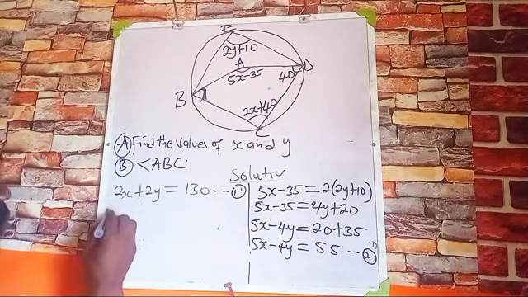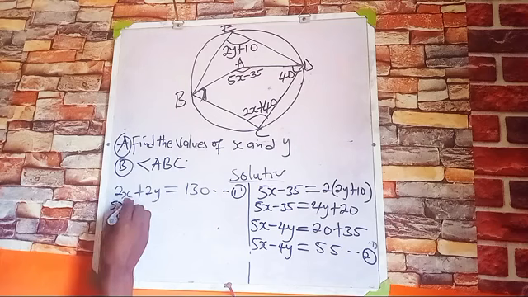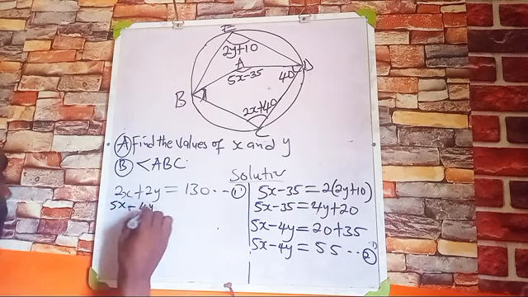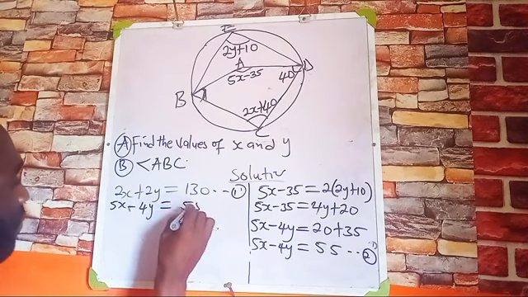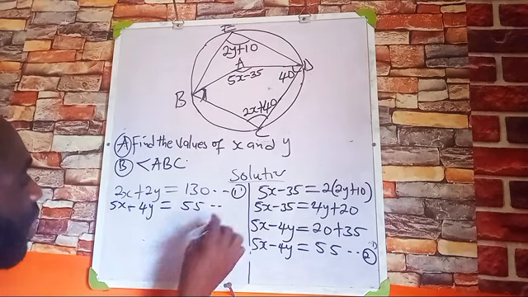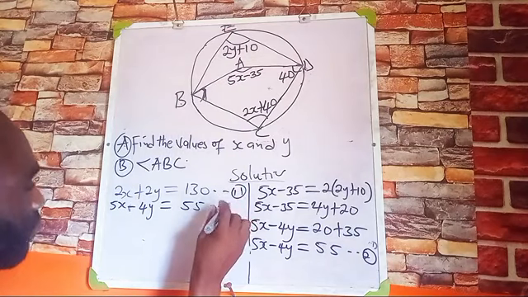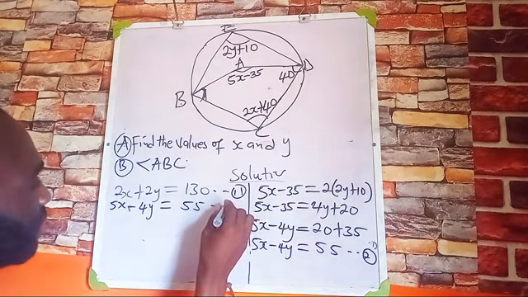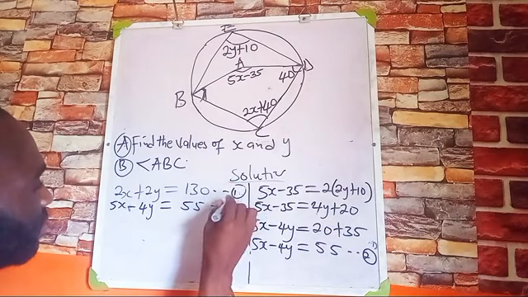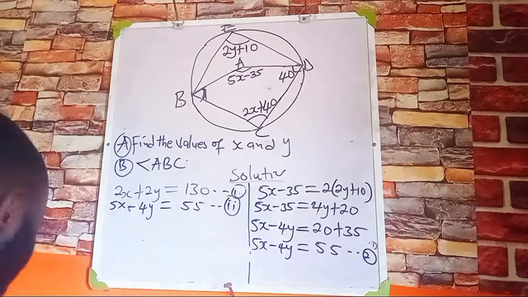Then our second equation, 5x minus 4y is equal to 55. This is our second equation.